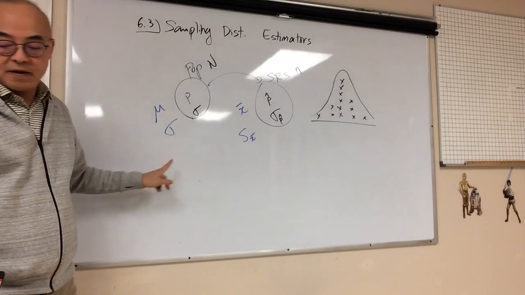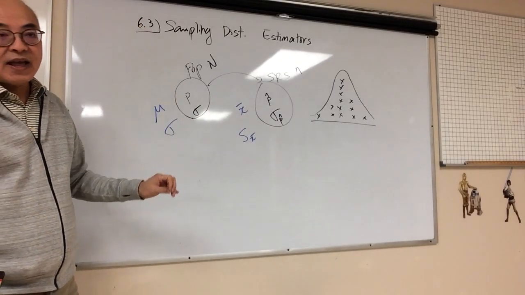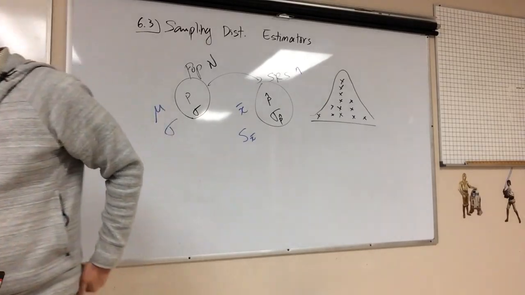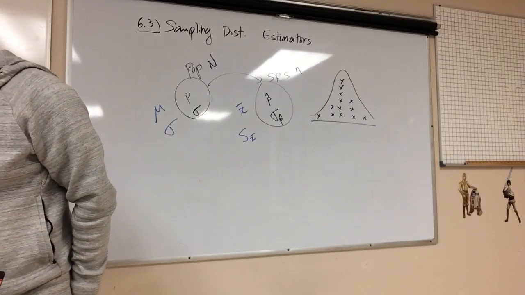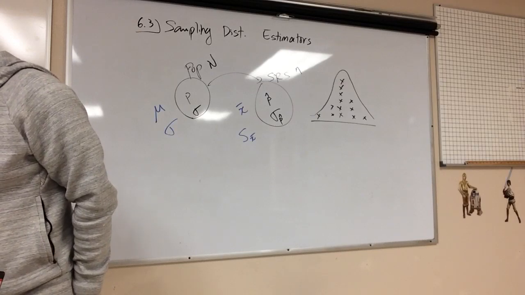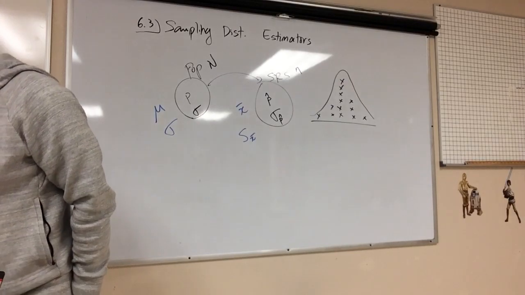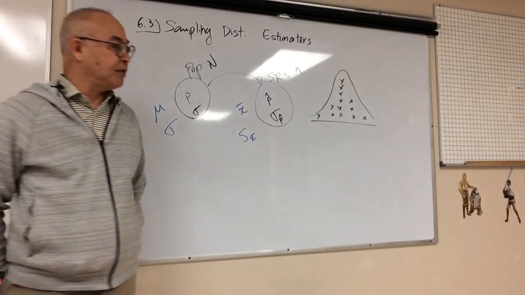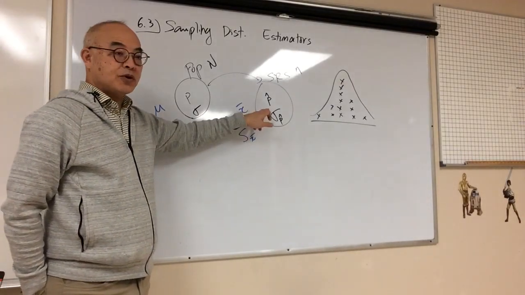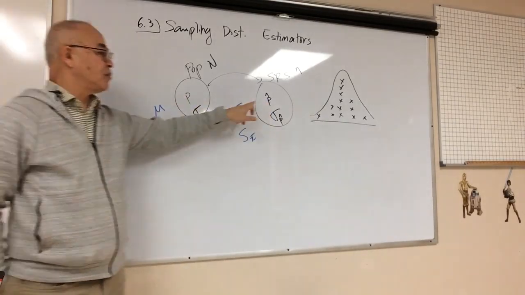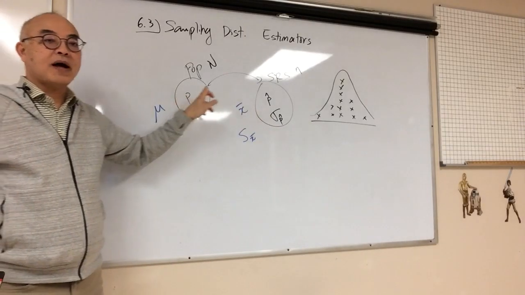Okay? If you read underneath there, it says, an unbiased estimator is a statistic that targets the population parameter in the sense that the statistic has a mean that is equal to the population parameter. So I already said that this is going to be the same as this, and then we call that an unbiased estimator.